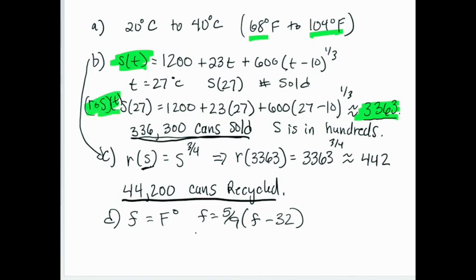So I'm taking R of S of T. That's what's going on here. But now because we're adding a third function in there, we have to take F and plug it into S first to change the degrees of Fahrenheit to Celsius.